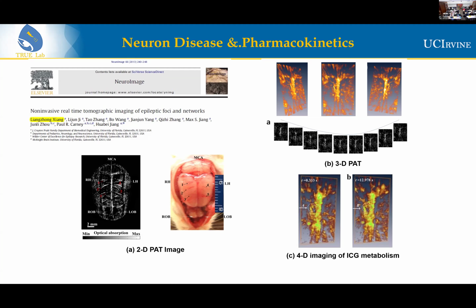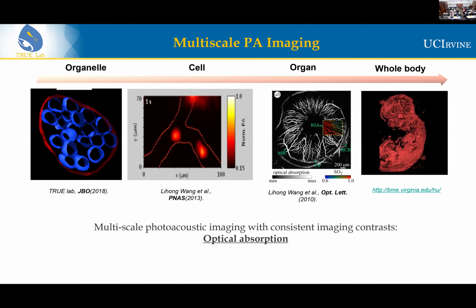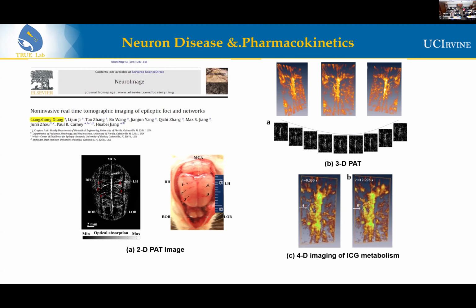But it's very hard because whenever the epilepsy happens, it propagates across the entire brain. So we need a very fast imaging speed to really find out where it comes from. So our 4D imaging system actually serves that purpose. I don't have time to show more data, but I'll quickly summarize.